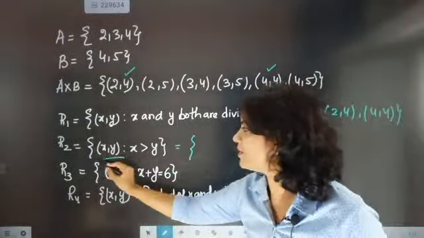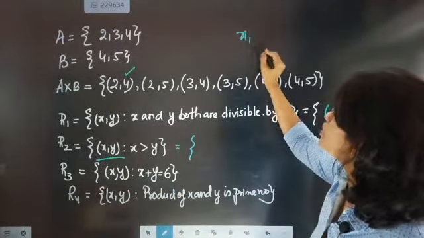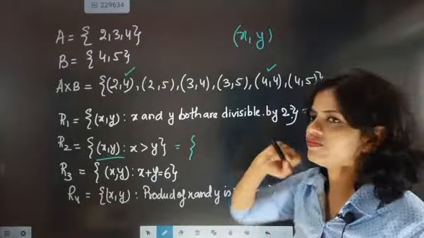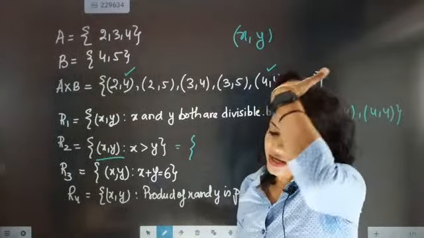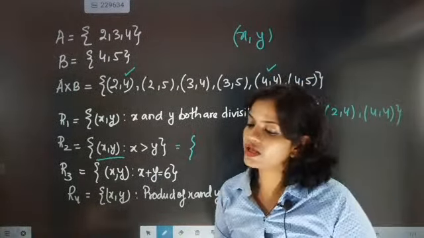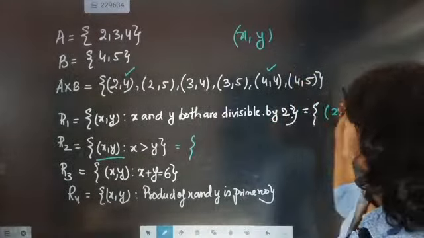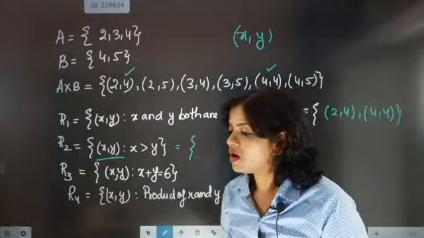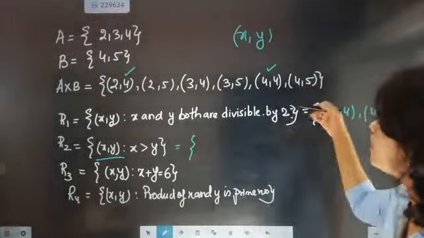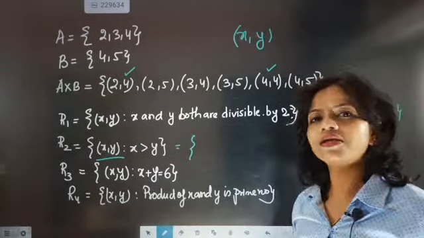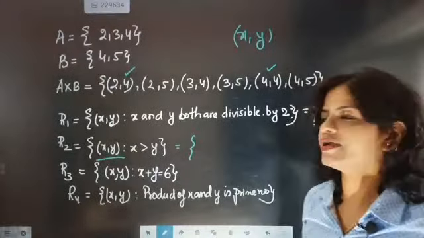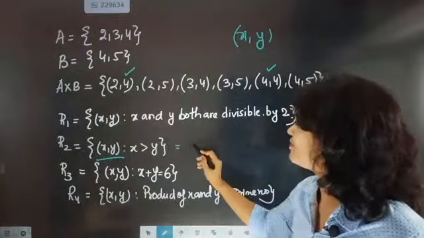In the ordered pair, first you are writing x and then you are writing y. So whatever elements are there, either they are equal or they are less. So none of them are greater. So here definitely the answer is coming as 5.